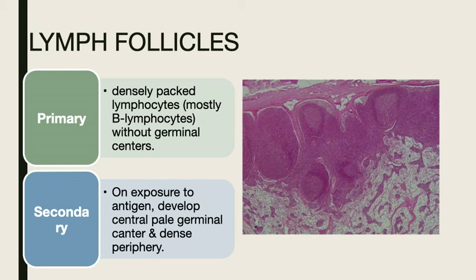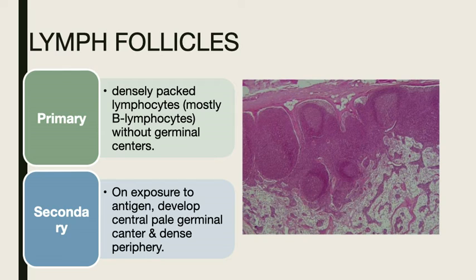Large activated B lymphocytes, plasmablasts, plasma cells, and macrophages. So the difference is the development of large lymphocytes, plasmablasts, and plasma cells, which are not present in the periphery or in the primary follicle.